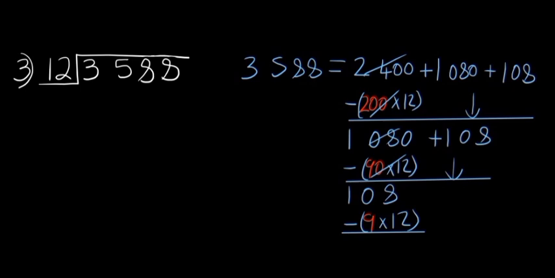So 108 and 108 will cancel. And the remainder here is 0. So therefore we had 200 groups of 12 and 90 groups of 12 and 9 groups of 12, which is 299. So the answer to this question is 299.